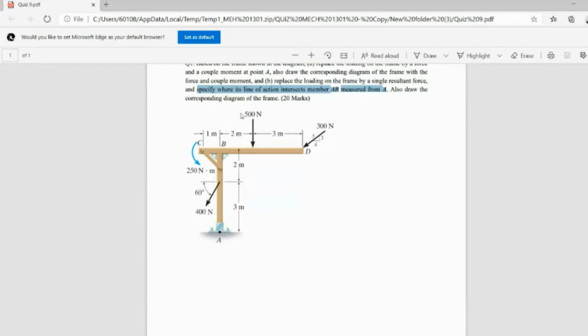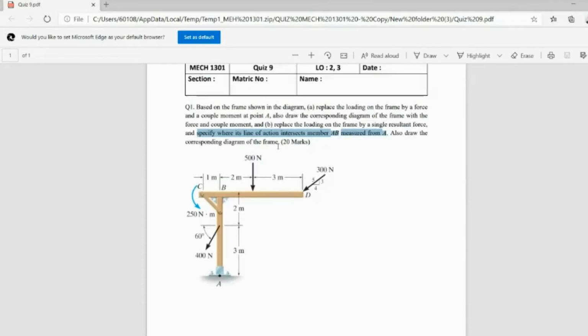Specify the location. Is that the part that you are not clear of? Yes, sir. Let me look. Okay, because it seems quite small.